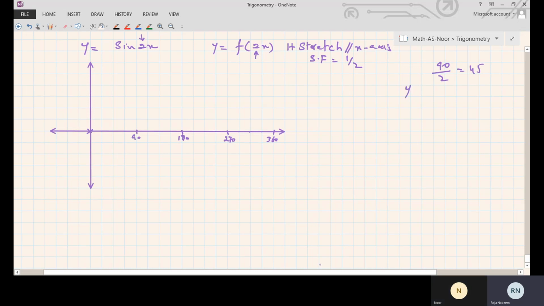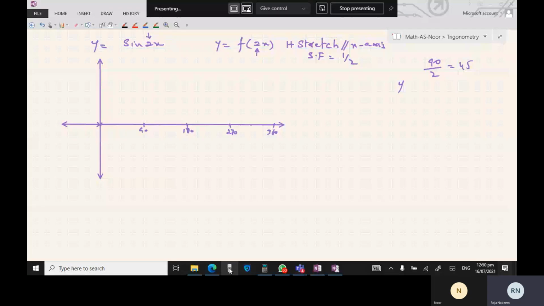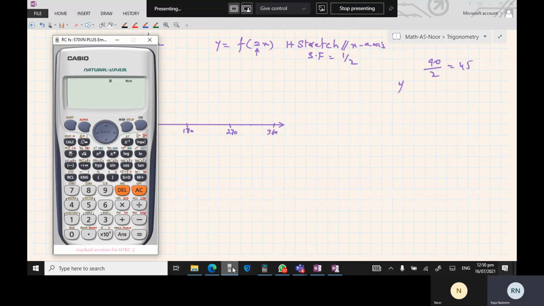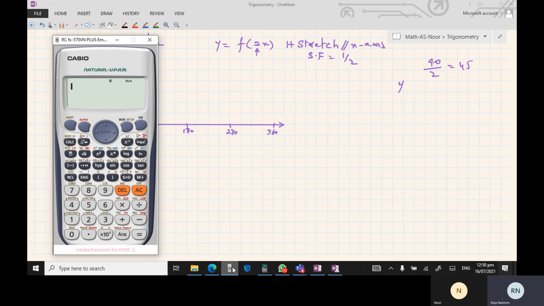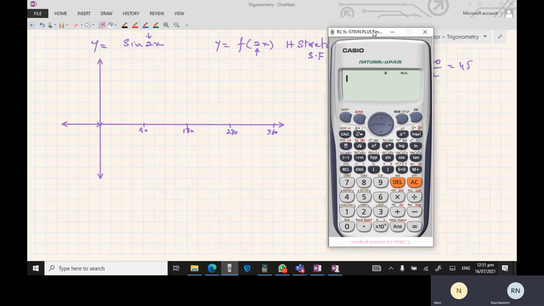Let me share my calculator. Can you see the calculator? Yes. All right. So you write sine, then 2, then press alpha, and in red color you find this letter X. Close the bracket.